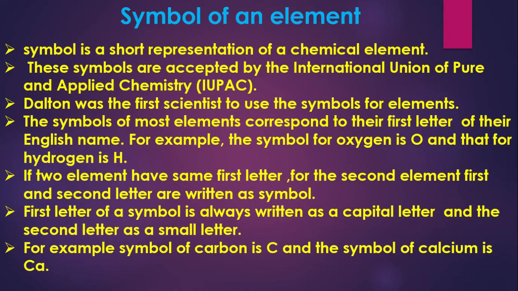Carbon and calcium have the same first letter. Carbon is the 6th element, calcium is the 20th element. So for the first element, carbon, the symbol is C. For the second element, calcium, we use two letters, first and second, Ca.